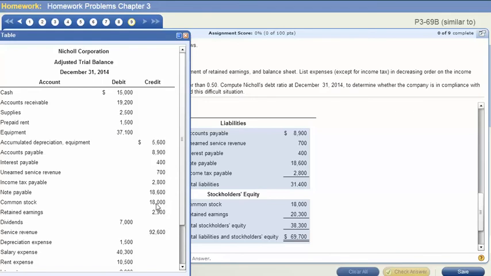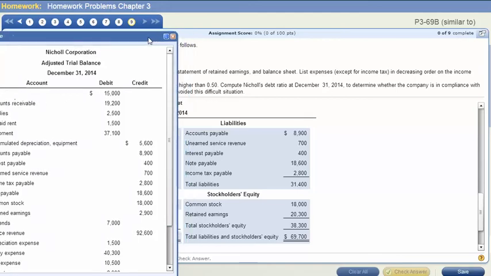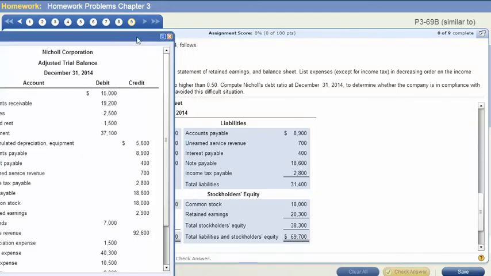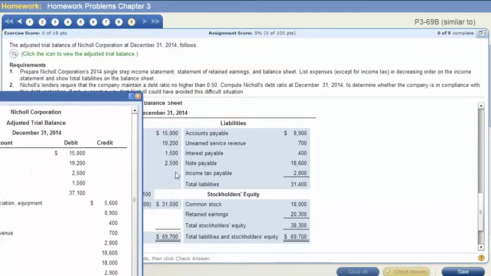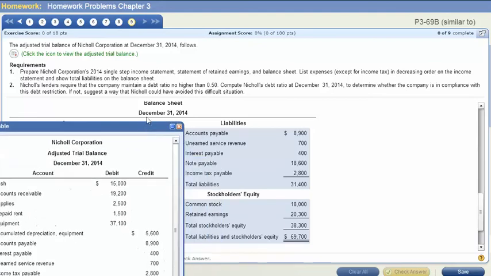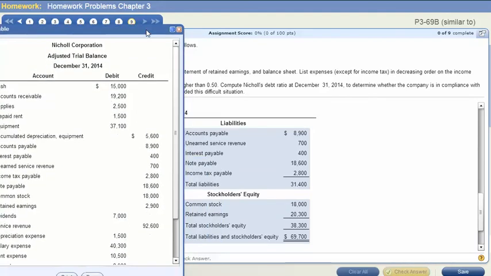Where it gets tricky, and this is where students will get into some trouble, is they've been pulling all these accounts, whether they're liabilities or expenses, just off the trial balance. They have a tendency to, when they see retained earnings right here, think this is retained earnings as of December 31st, 2014. Remember we discussed previously that this 2,900 is not December 31st, 2014.